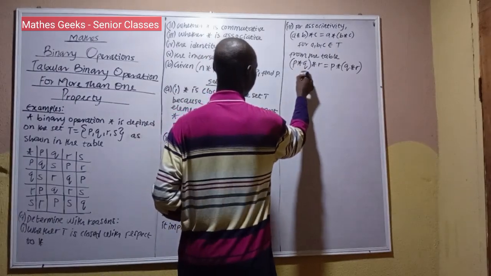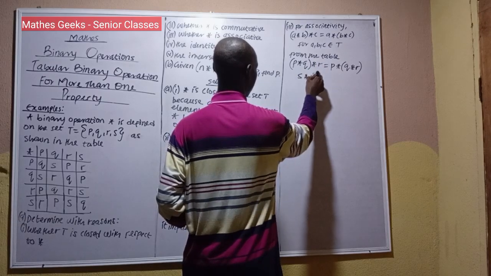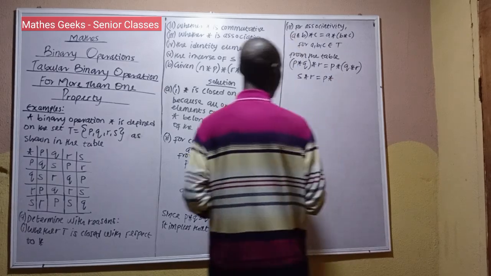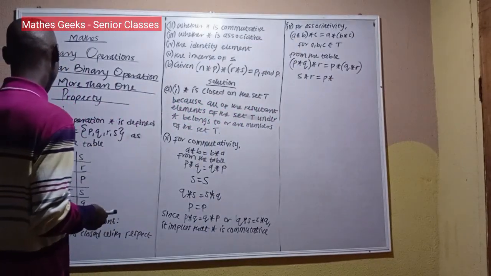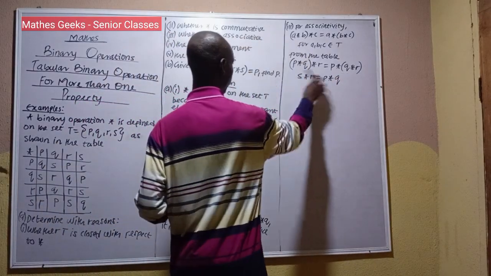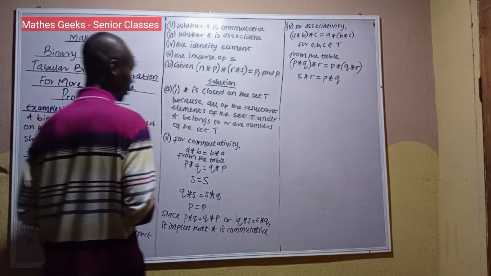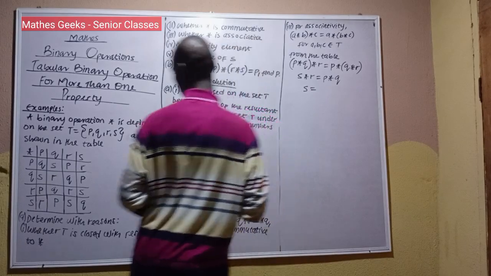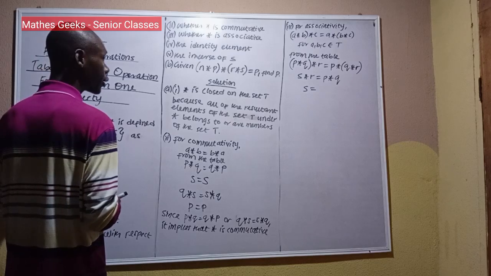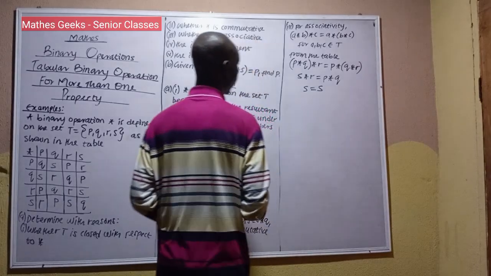If we carry out the operation inside the bracket first, we're going to have S star R. S star R is equal to S. Now P star (Q star R): Q star R is equal to Q, and P star Q is equal to S also. So what do we see?